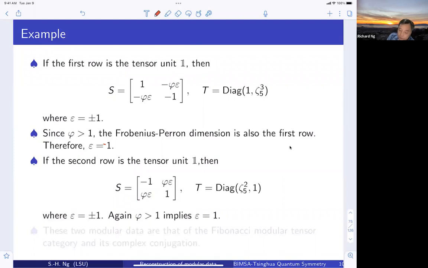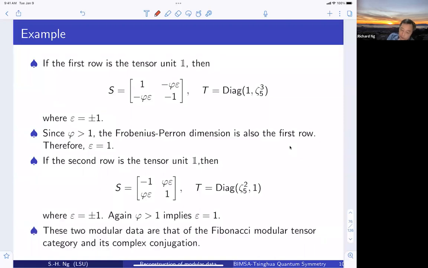So what I try to say is that once you write down and try to decide a sign, then you can use the Frobenius-Perron dimension to determine the sign of this diagonal sign matrix. So what you end up with is the following. You start with the representation that we start with, and then you get 2 possible modular data.